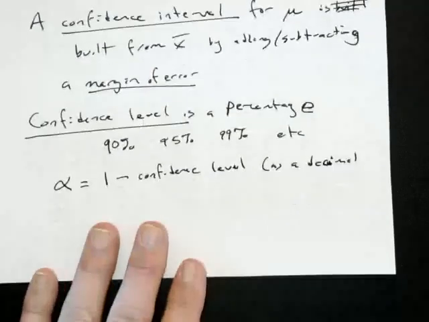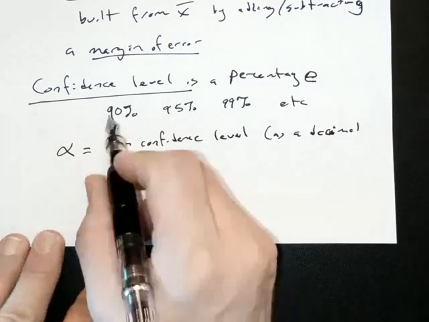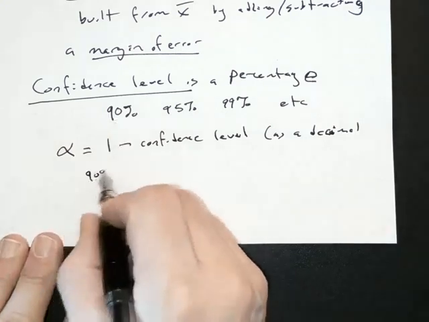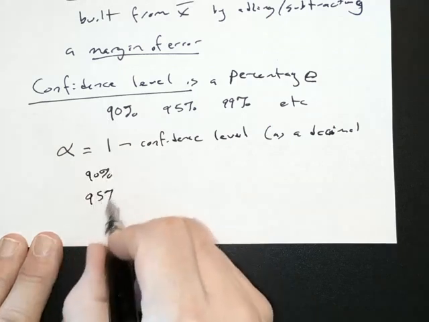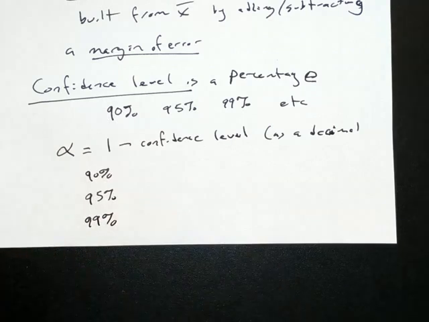I'm going to call the number alpha 1 minus the confidence level, expressed as a decimal. So alpha is 1 minus this number. Okay, wait a second. For each of these, I get an alpha. If my confidence level is 90%, what's alpha?